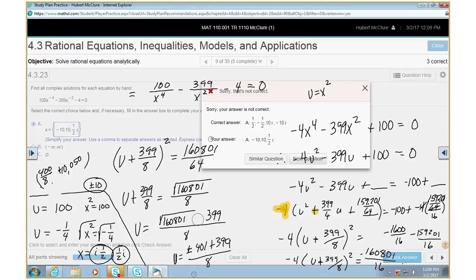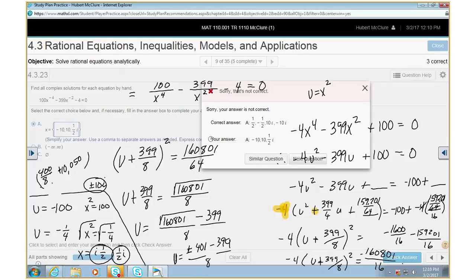A negative, which means that's a negative, which means that's negative 800, and that'd be a negative, so that'd be positive negative 10i, and then negative minus negative 401, or positive 401 minus 399 is what? 2.